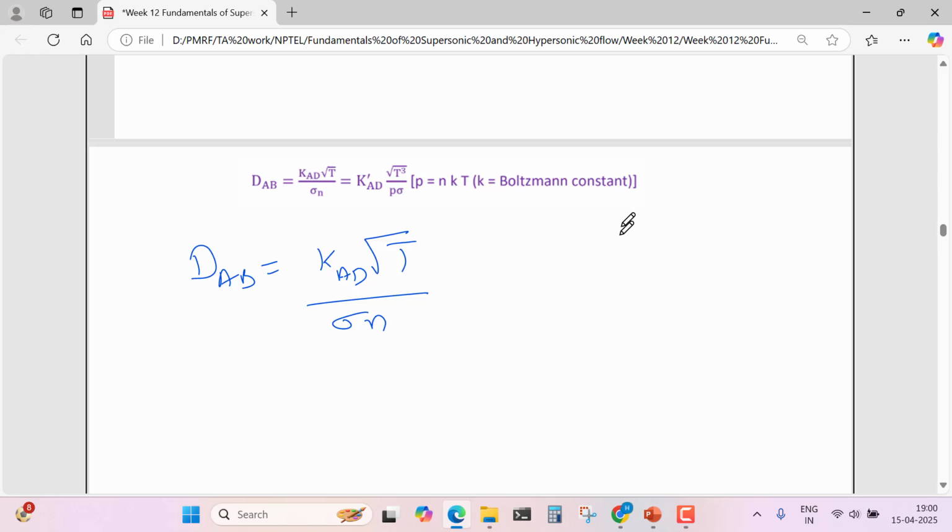And we know that P equal to N kBT, where kB is the Boltzmann constant, so we can write N equal to P upon kBT.